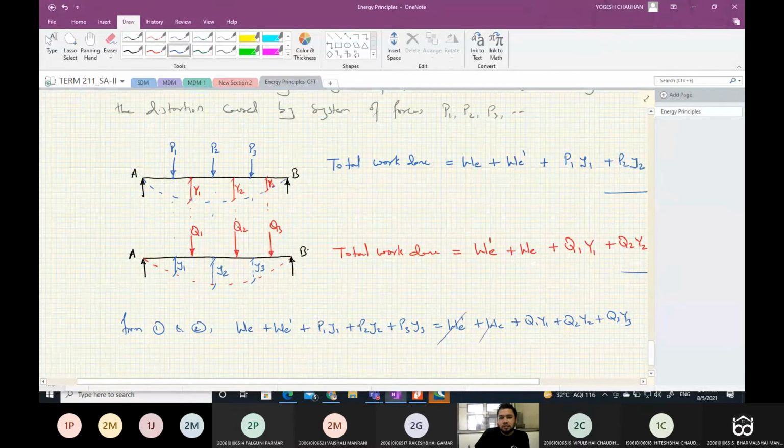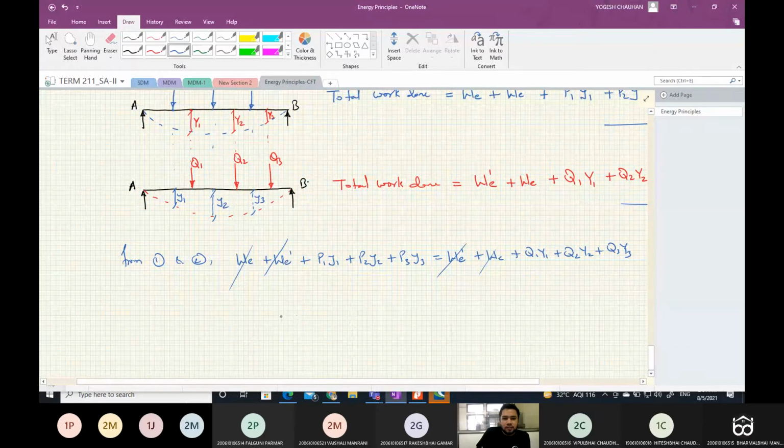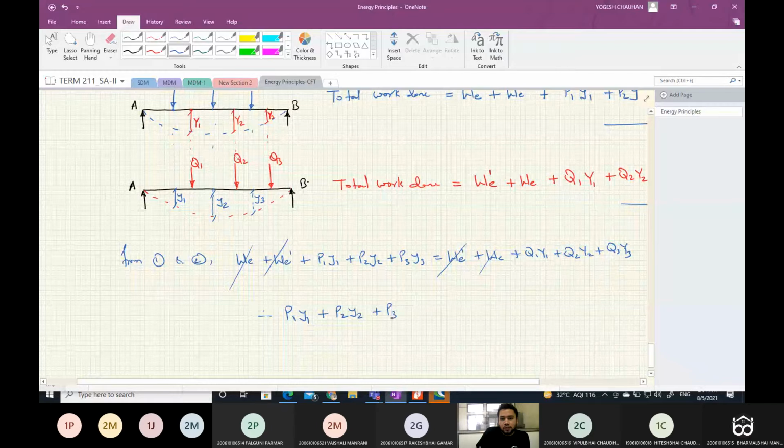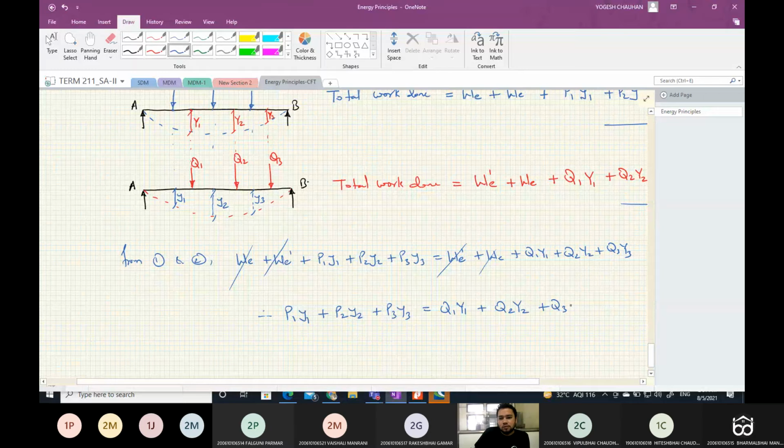Now this can be cancelled out. So what we can say, P1 Y1 plus P2 Y2 plus P3 Y3 is equal to Q1 Y1 plus Q2 Y2 plus Q3 Y3.